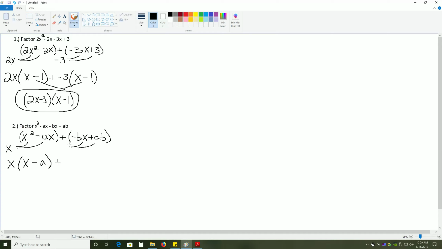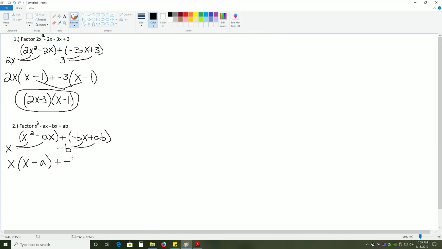Each of them has a b, so we're going to factor that b out. But again, notice that the signs are reversed between our first two pairs. This is a positive, then a negative. This is a negative, then a positive. So again, we have to factor out a negative, or a negative b in this case.